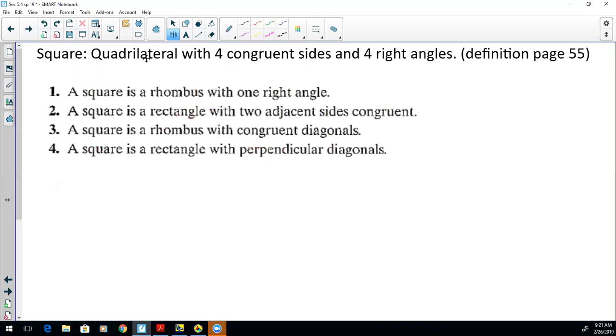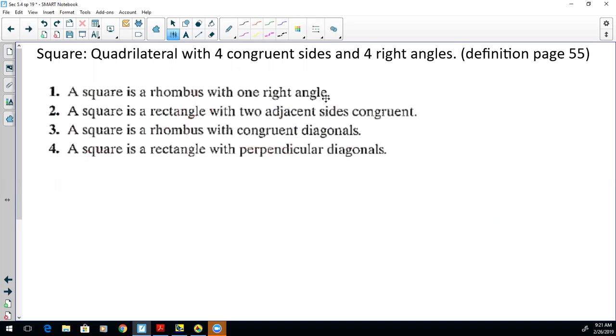So if you want to know what a square is, you can use the definition, or these things are all equivalent. If you have a rectangle with perpendicular diagonals, it's a square. If you have a rhombus with congruent diagonals, it's a square. A rectangle with 2 adjacent sides congruent, it's a square.